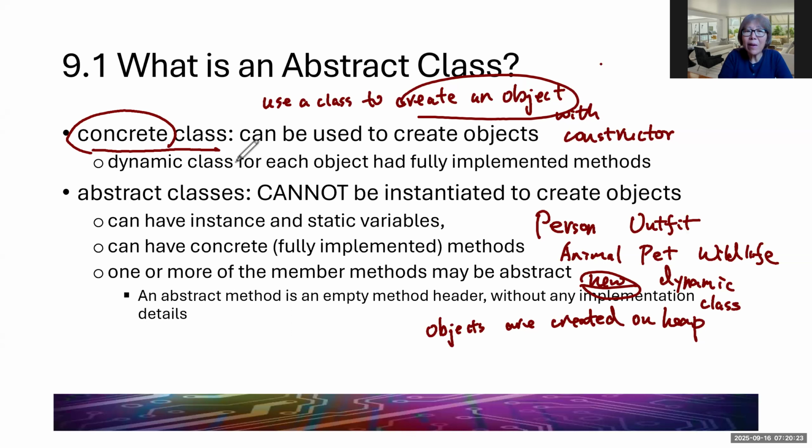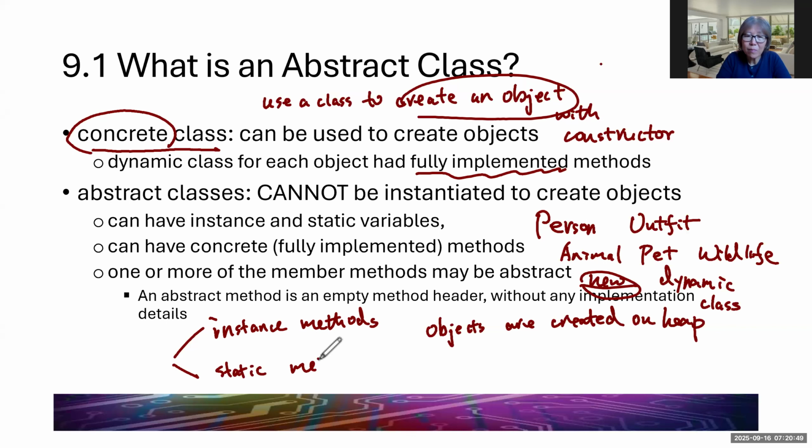Within the concrete class, we have two kinds of methods: member methods, or instance methods, which are fully implemented, and we also learned static methods, which are also fully implemented.